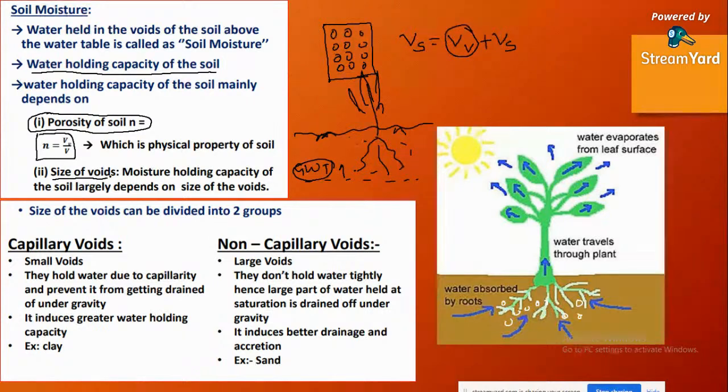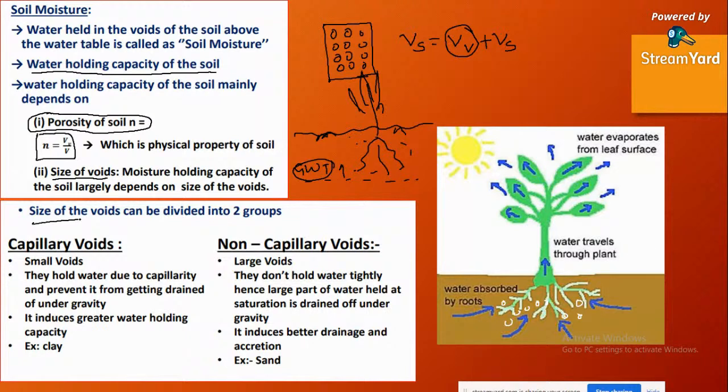First we understood what soil moisture is, and this soil moisture depends upon how much the soil can retain moisture in its voids. So the water holding capacity of the soil depends upon the degree of porosity of the soil and the size of the voids.